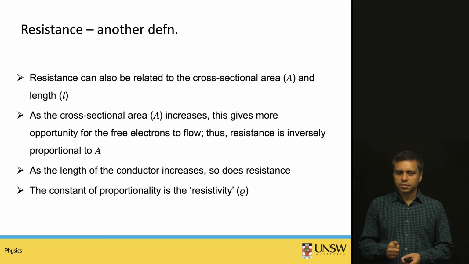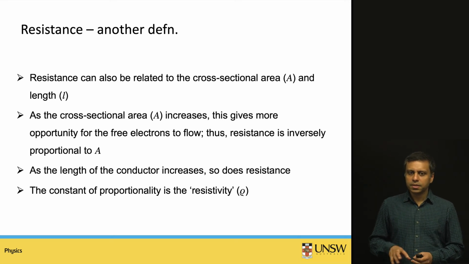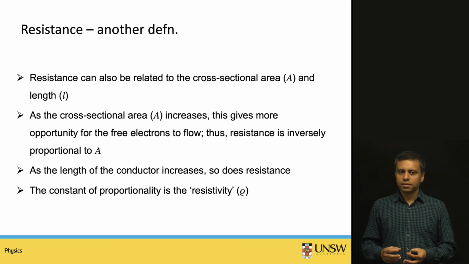The two relations that we just discussed are: R is inversely proportional to A, and R is directly proportional to L, L being the length of the material. You can lump these two relationships into one equation, and there is a proportionality constant that comes out, called rho. Rho stands for resistivity.